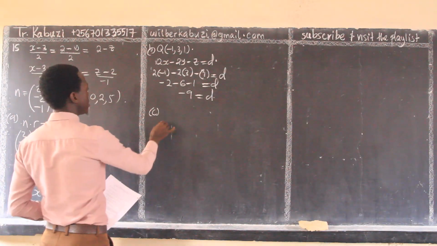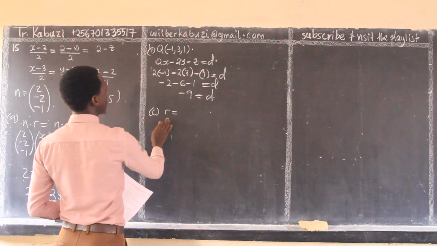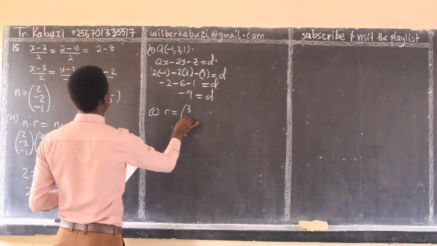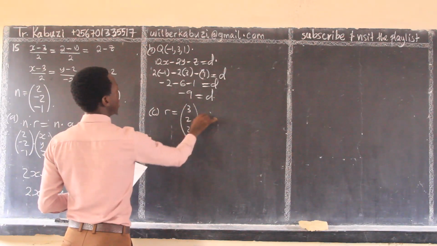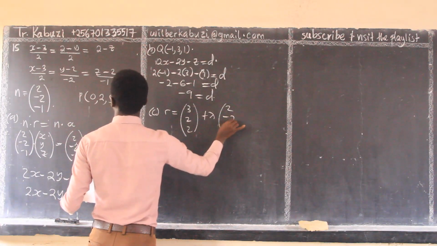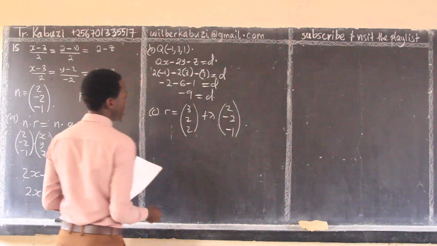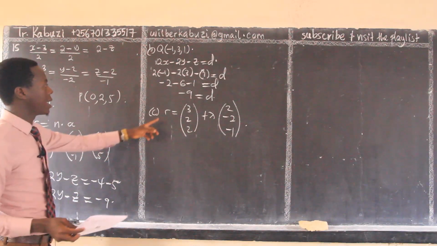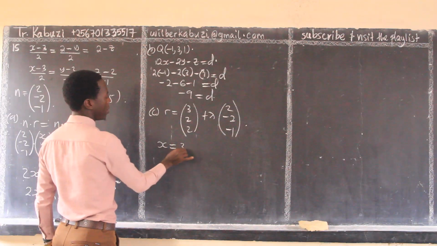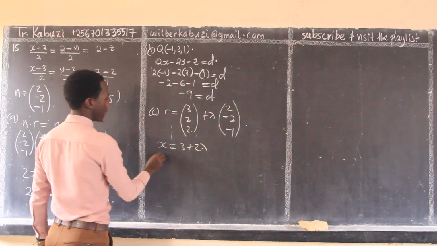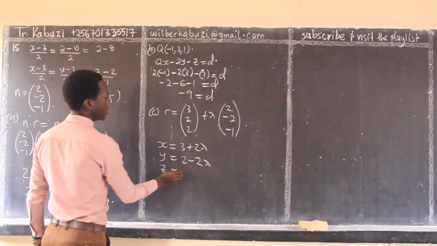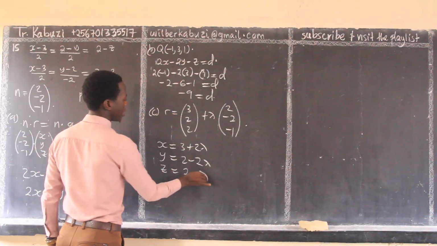You can see that my r will be, pick the point (3, 2, 2) plus lambda times the direction vector. So from here we can get the x, y, and z values. So my x is 3 plus 2 lambda, my y is 2 minus 2 lambda, and my z is 2 minus lambda.